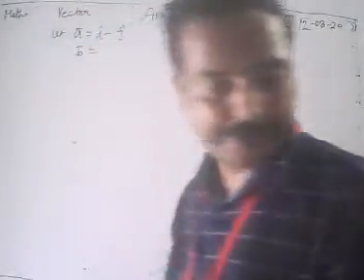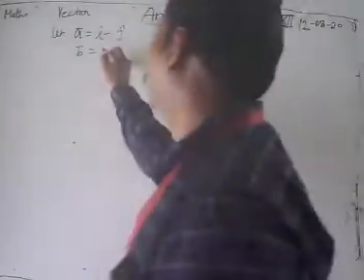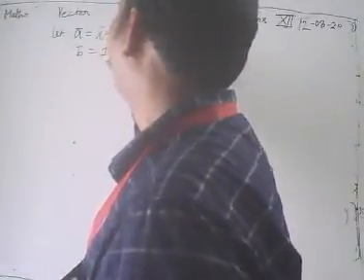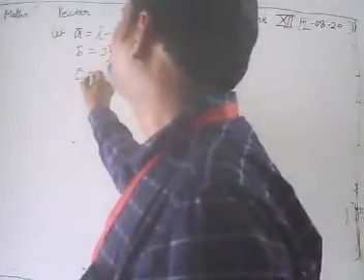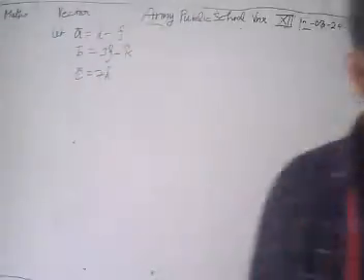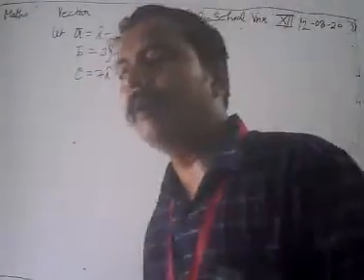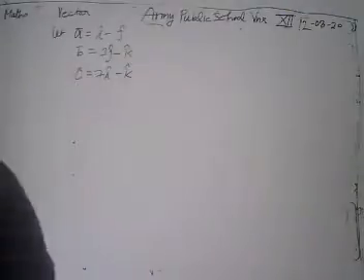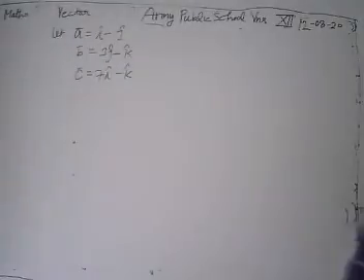Vector B is given by 3 j cap minus k cap. Then vector C is given by 7 i cap minus k cap. Look, we have given vectors A, B and C. Vector A is i cap minus j cap. Vector B is what? 3 j cap minus k cap. Vector C is what? 7 i cap minus k cap.